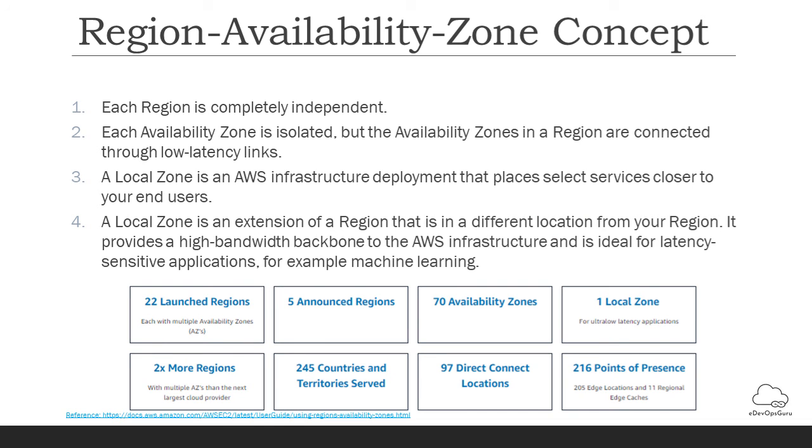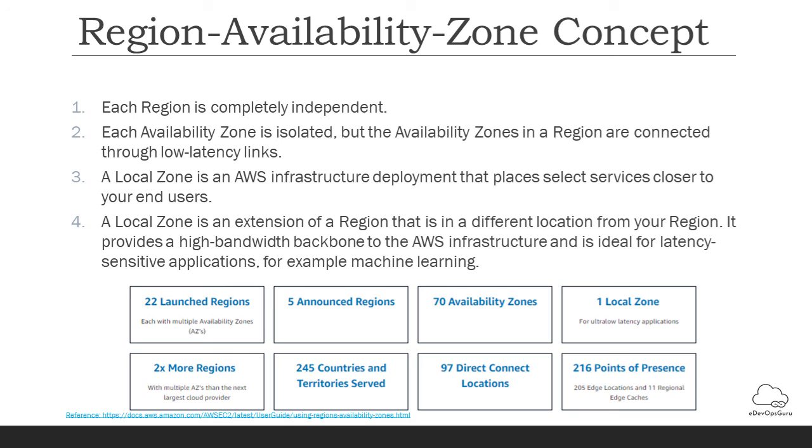Let's discuss the basic concepts of AWS, that is the regions and availability zones. As of 2020, AWS has distinct operations in 22 geographical regions spread across the globe. AWS has announced 5 new regions that will be coming online in Italy, South Africa, Spain, Osaka, and Indonesia.